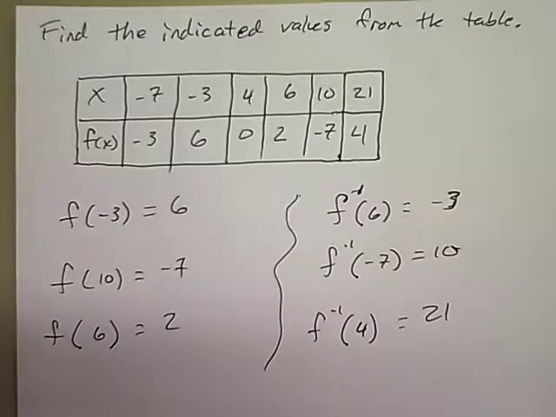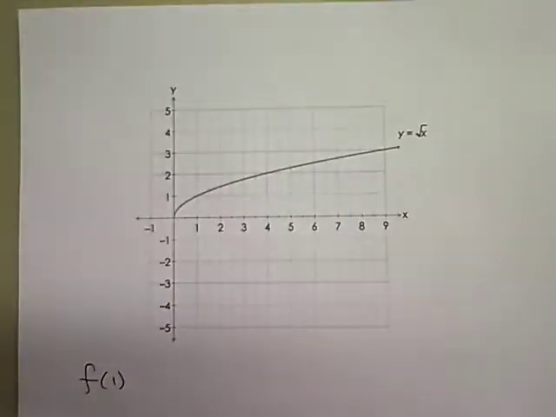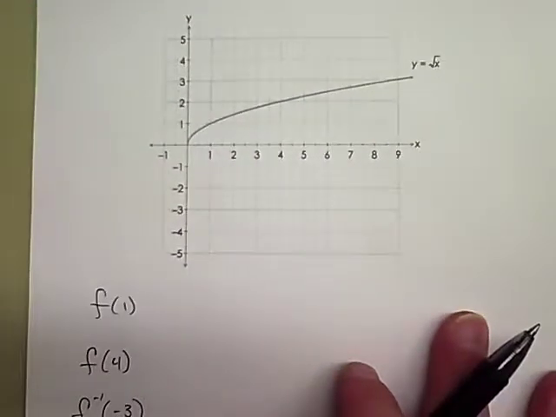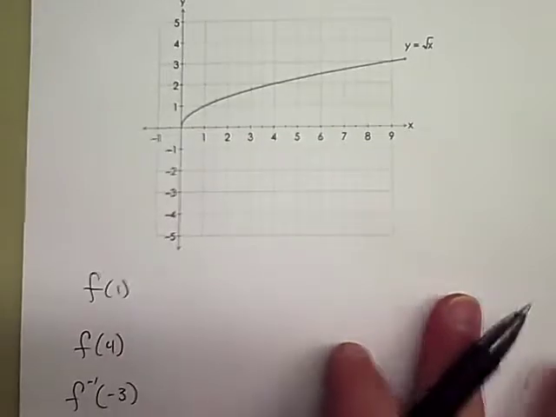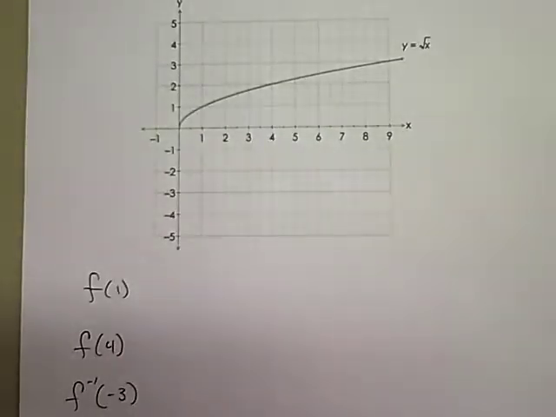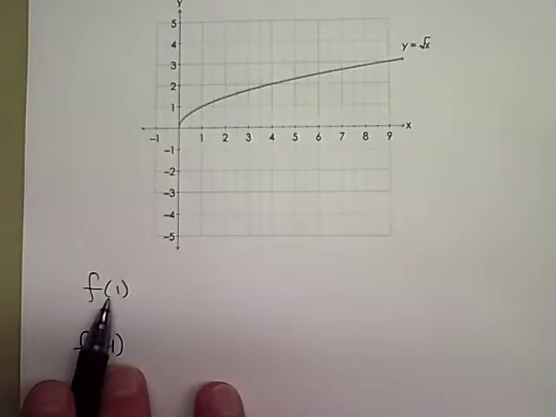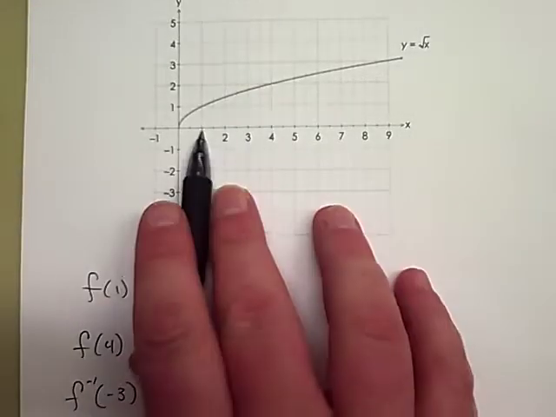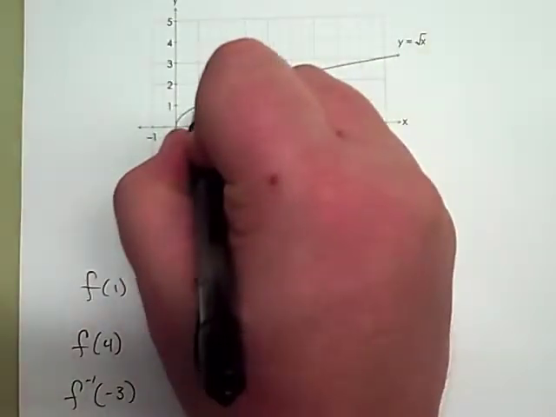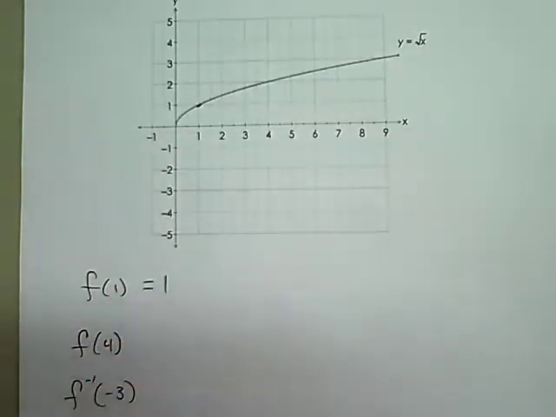Now, what does that look like on a graph? All right, so here we are with a graph. These first two are regular, there's no inverse symbol. So this is f of 1. When x equals 1, my y value is a 1.